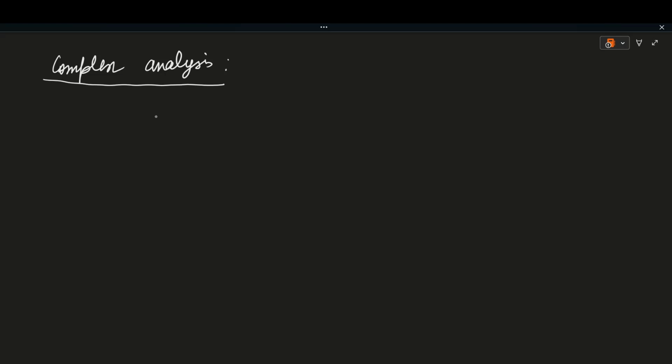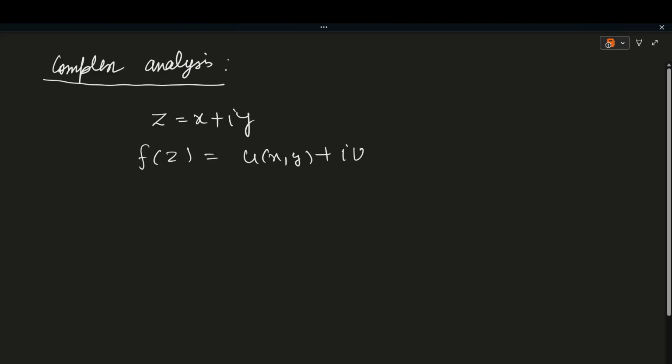So why do we need complex analysis? The basic complex number we see is of the form x plus iy, where f(z) is equal to u(x,y) plus i v(x,y). Here the complex valued function is f(z).